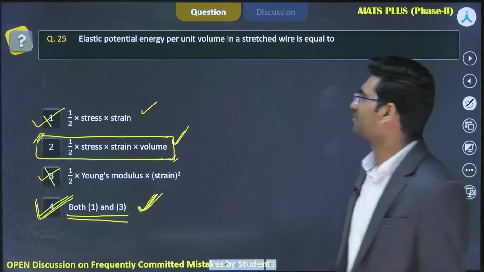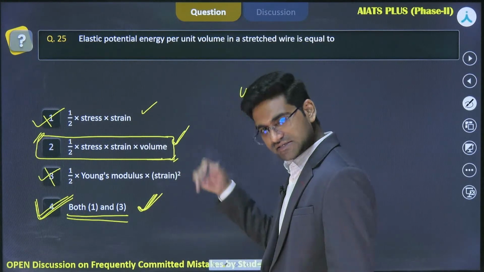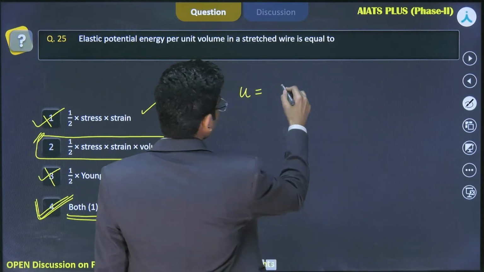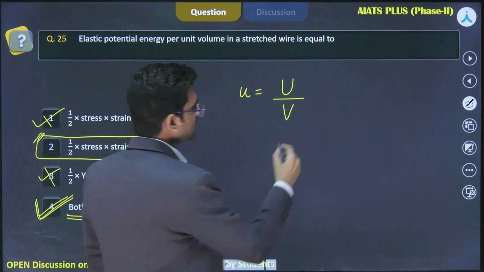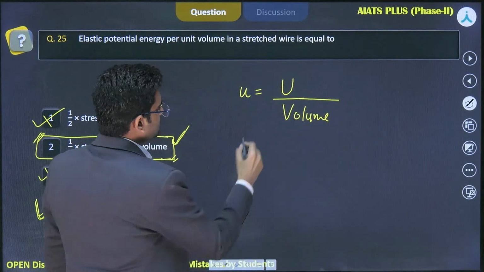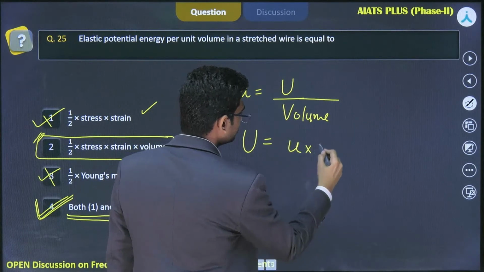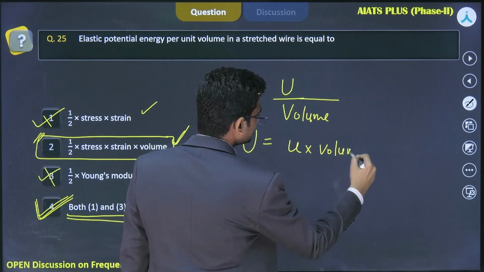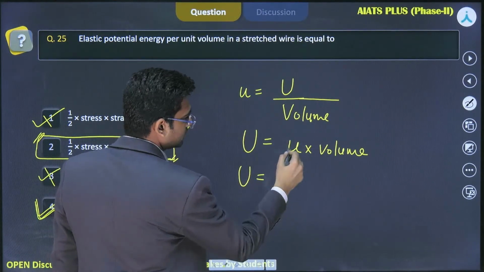Anybody? Okay, so u is equal to energy per unit volume. So total energy can be written as u into volume. What is small u?